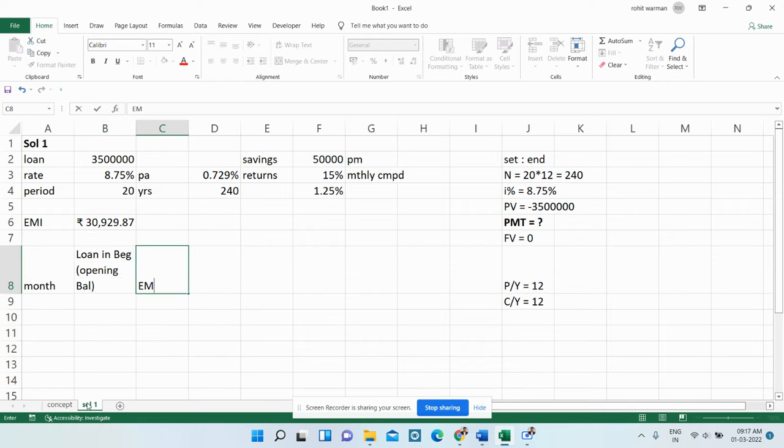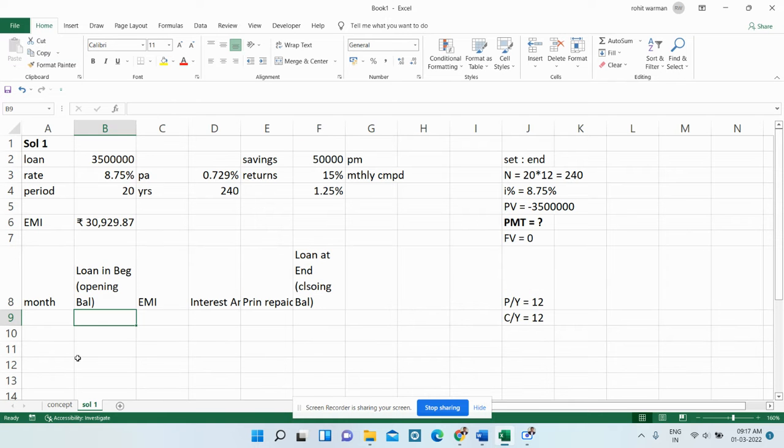Then you have the EMI, you have the interest amount, and then the principal or loan repaid and loan at end. That is the closing balance for that month.